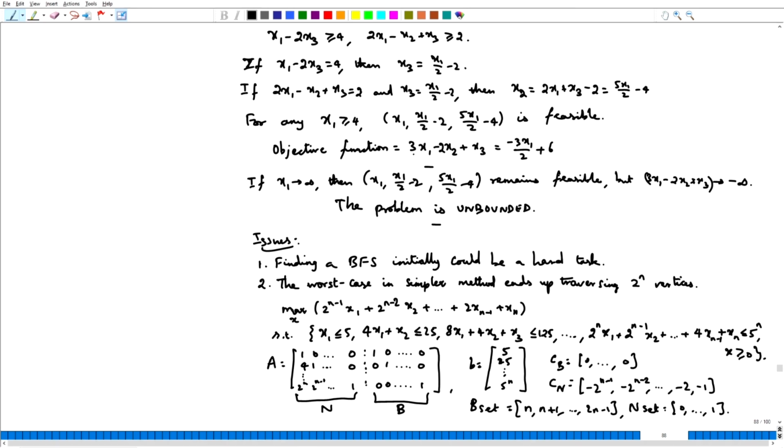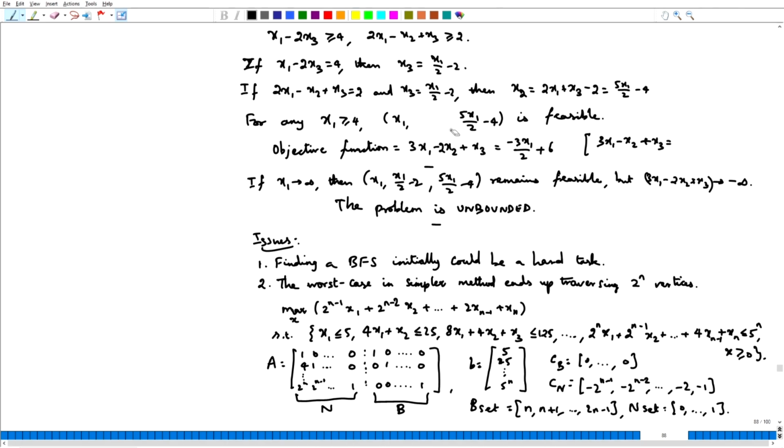With the objective function 3x1 minus 2x2 plus x3, you get minus 3x1 by 2 plus 6. So what is 3x1 minus x2 plus x3? Again you can substitute this, you will have 3x1 by 2 minus 5x1 by 2. I do not know if I had written this right.